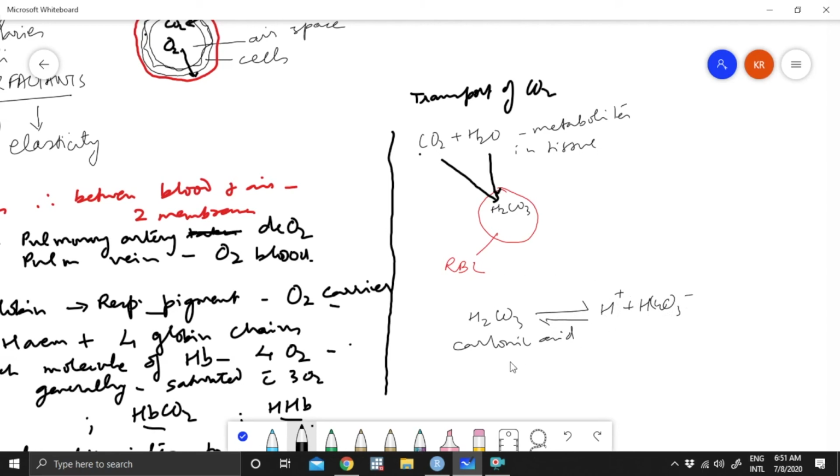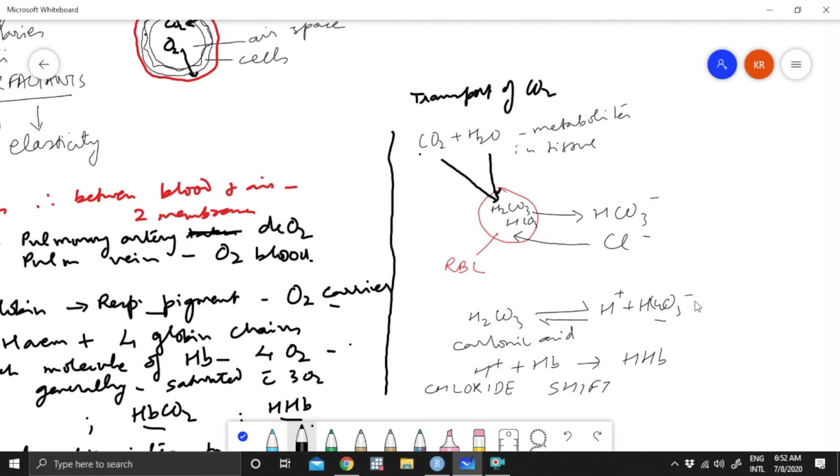Now this H plus combines with Hb to form HHb. So it is getting buffered. But the HCO3 moves outside, a negative ion. And once one negative ion moves out, there is a negative ion that moves in, Cl minus. This is called chloride shift.